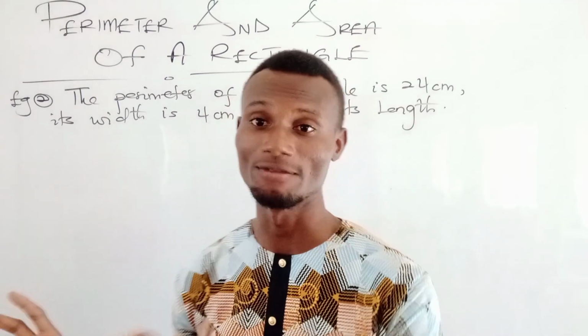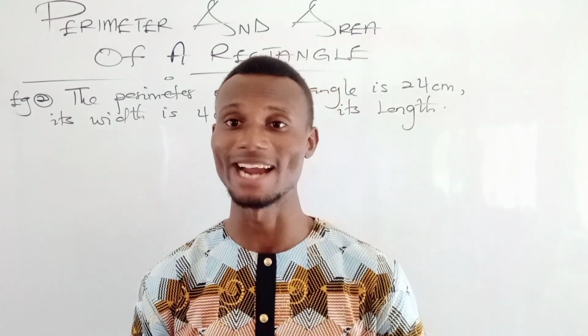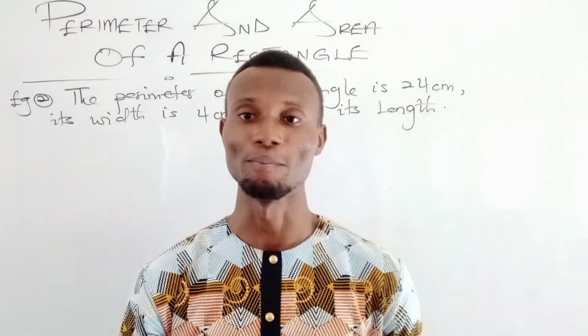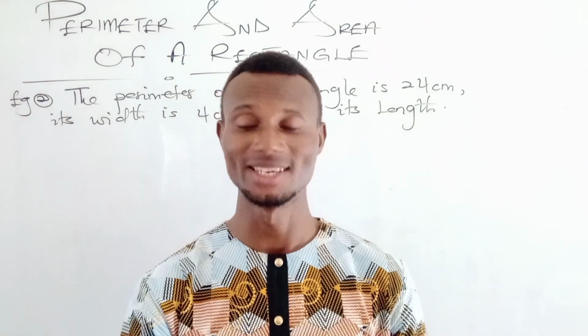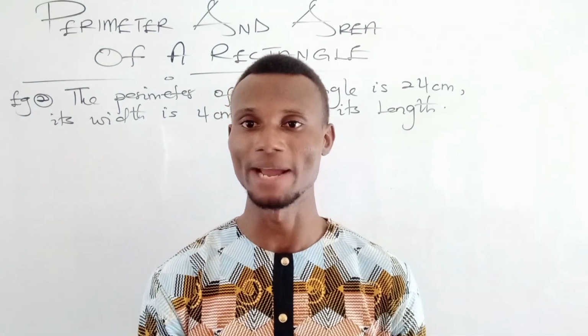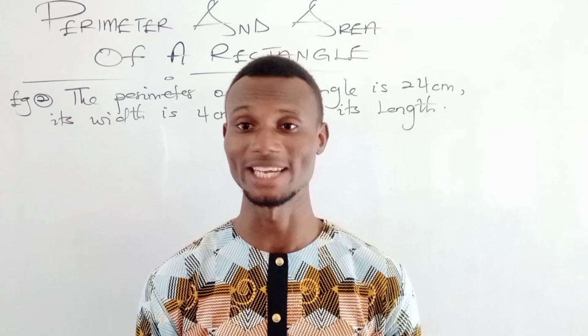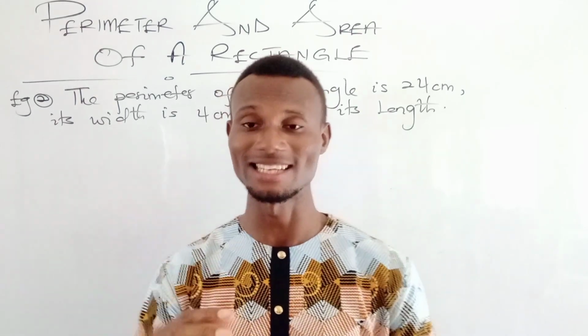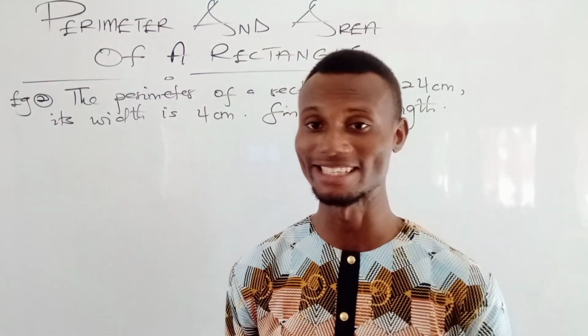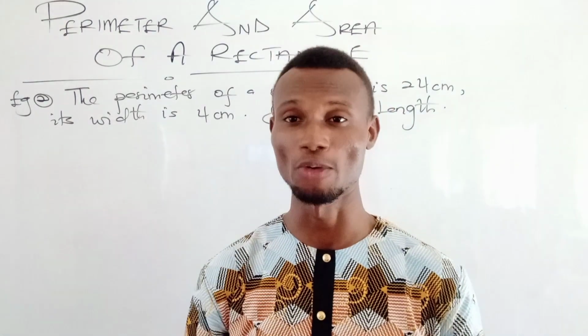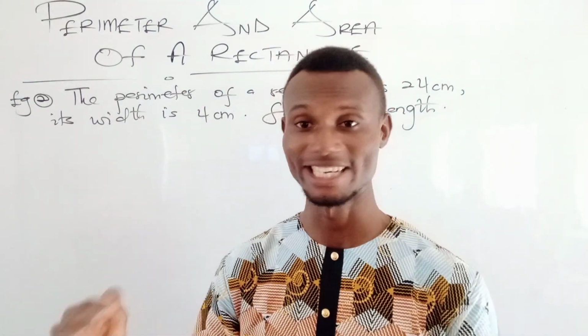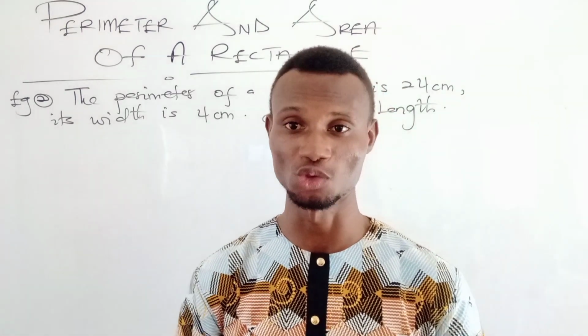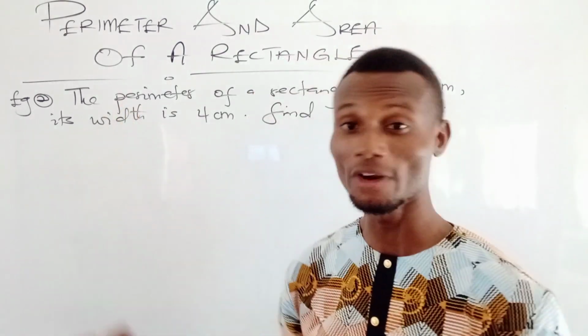Word problem questions like this are the easiest, but because students are not taught the right way to handle them, they think it's difficult. Just follow the process that I'm teaching you and do exactly the same, and you will see that every word problem question that you come across is very simple. It will be easy for you to solve them. So follow the steps.